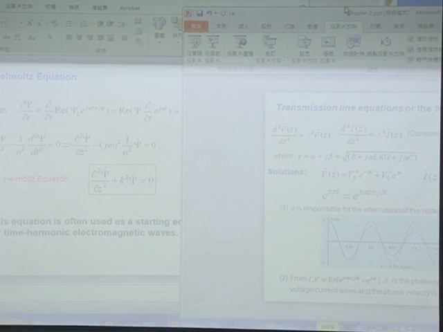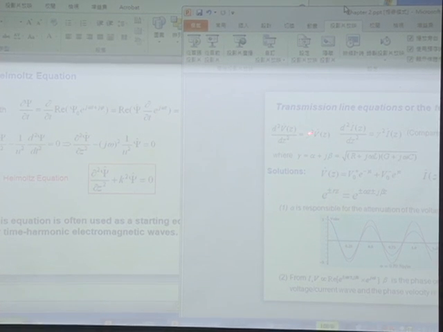You found that the only difference is that this is gamma square and you have k square here with a plus sign. So if you move this onto this direction, then you have minus gamma square equal to k square. Okay, and this gives you a solution.